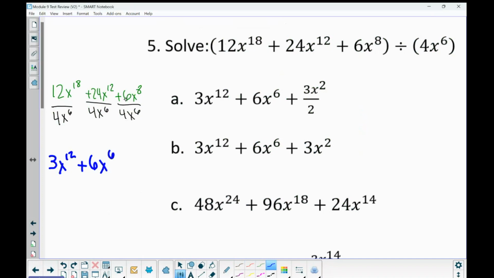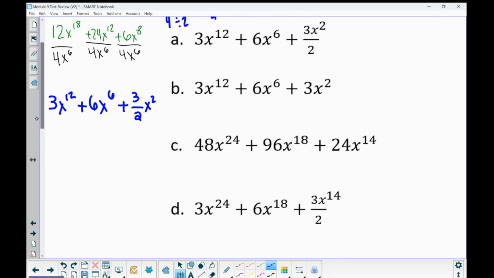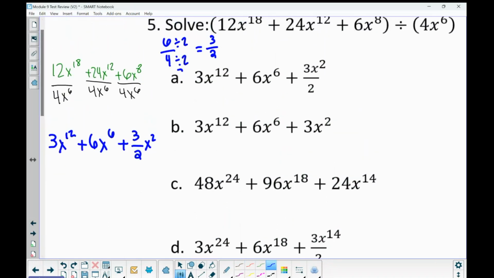And 6 divided by 4 is going to give me a decimal, but I can simplify 6 over 4 because they're both even. I can divide them both by 2, and I can simplify my fraction to get me 3 over 2. Now that is a positive 3 over 2. I have 8 x's on top, 6 on the bottom. I'm left with x squared on the top. And now I'm just going to find which equation matches, and that is going to be my A.